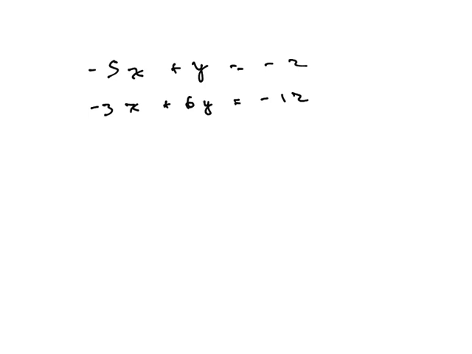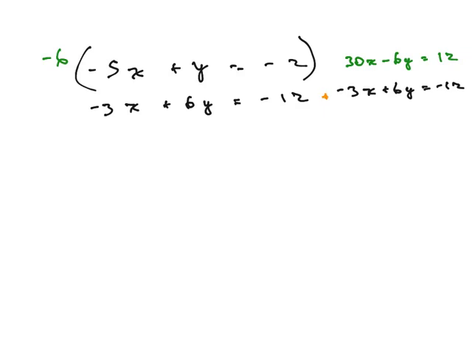And so, for instance, I might say, if I were to multiply this equation by negative 6, then I would get 30x minus 6y is equal to 12 for that top equation. Multiplied everything by negative 6. What's on the bottom, the other equation, I didn't do anything, so it's still minus 3x plus 6y equals negative 12.